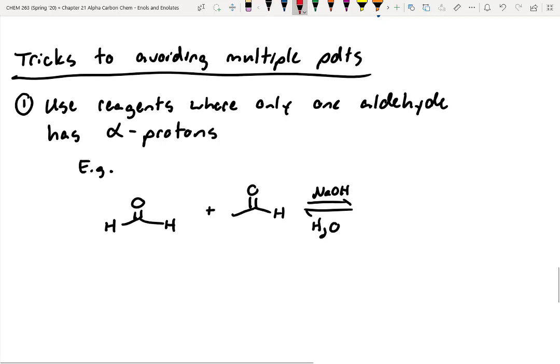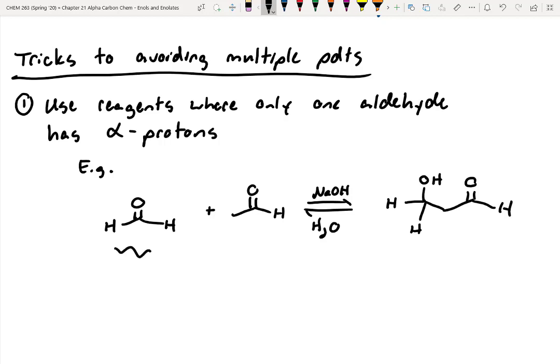In particular, because this is so electrophilic, if this is our nucleophile, it's very unlikely that it's going to react with itself. So if we do this reaction, what we're going to get is a really, really high concentration of our beta hydroxyaldehyde. We're not going to get a mixture of products. And like I said, that's due to the fact that this is such a good electrophile compared to our other aldehyde. So this is a good workaround, works in some situations.